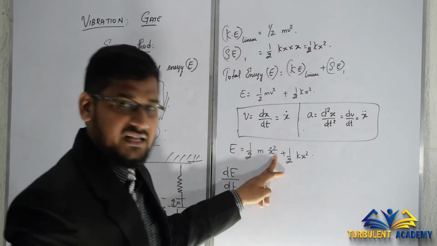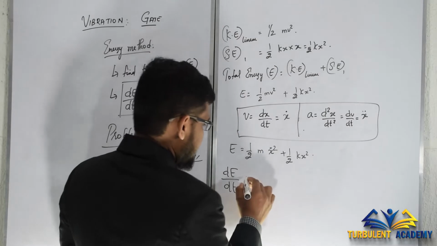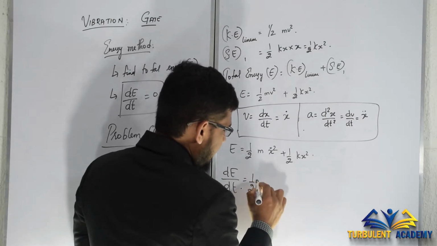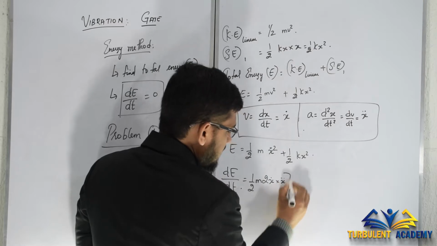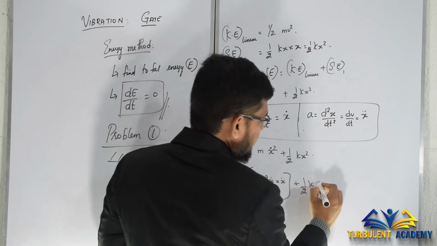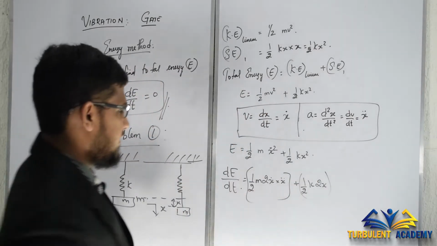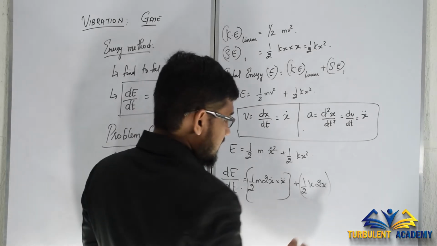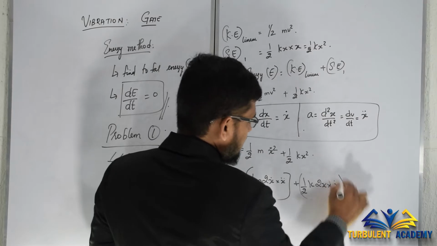Since x dot is already a derivative, dx by dt, we can easily differentiate it again. So half m, by the substitution method, 2 x dot into x double dot, plus half k, x squared gives 2x into x dot, since it is with respect to time.